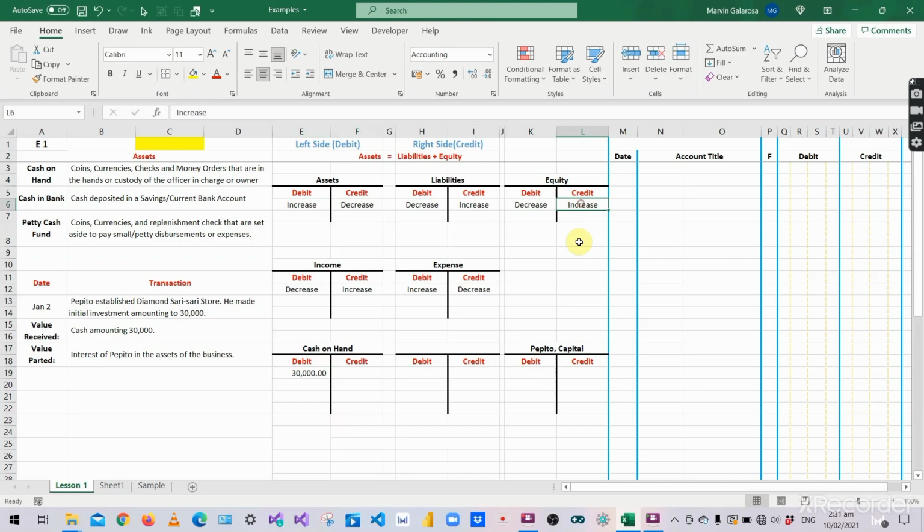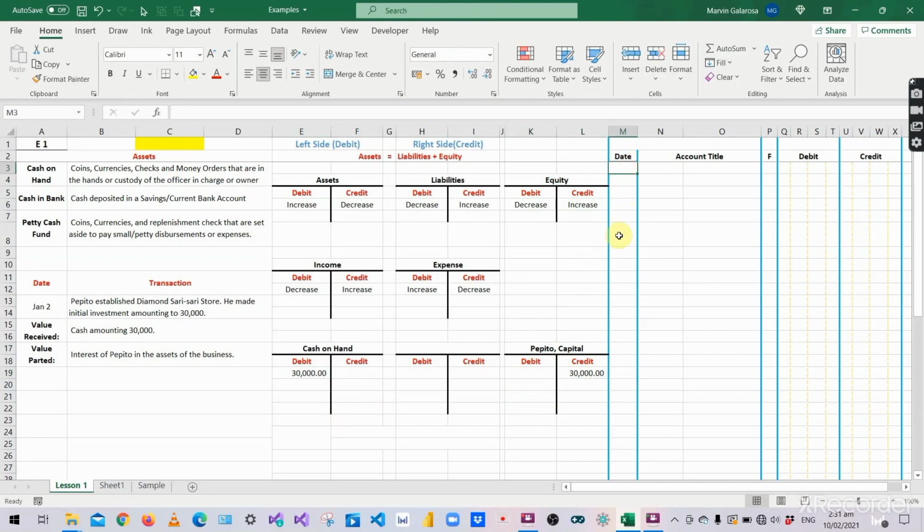Ang increase sa equity is credit. Ang decrease naman, debit. So, since nadagdagan yung equity ni Pepito sa business, ang increase na yung i-record mo on the credit side. So, 30,000 pesos on the credit. So, meron na tayong debit and credit. Pwede na natin gawin yung journal entry.